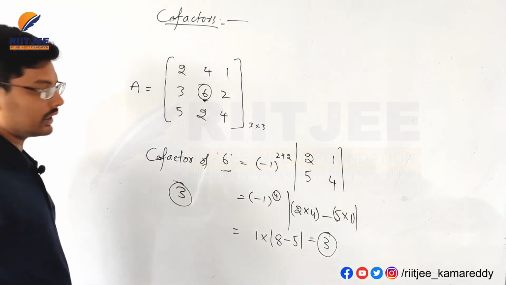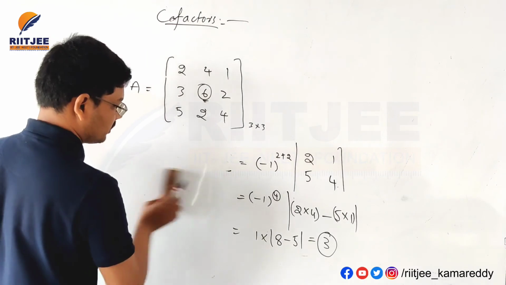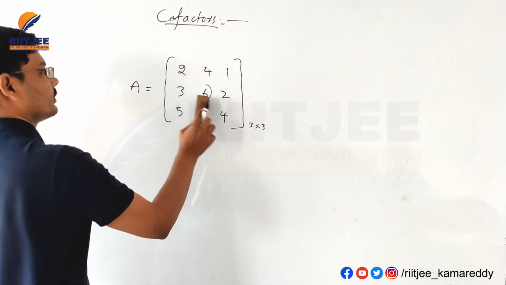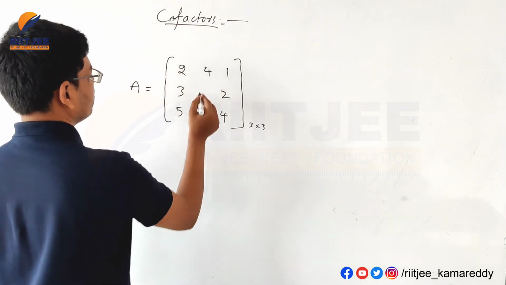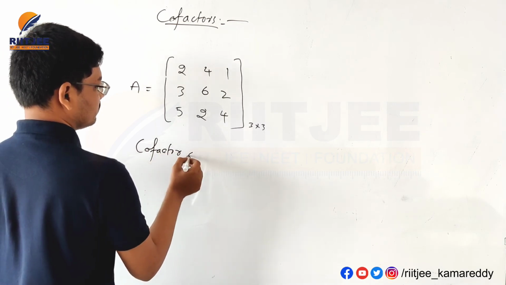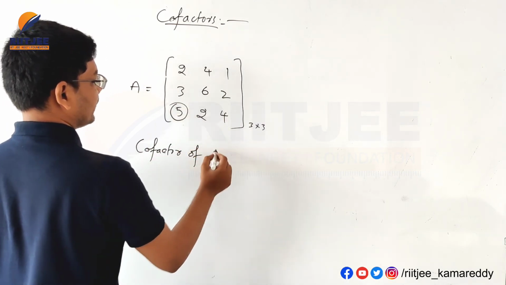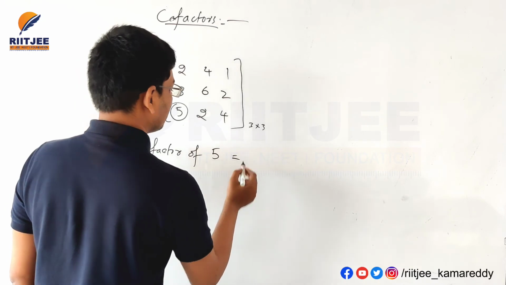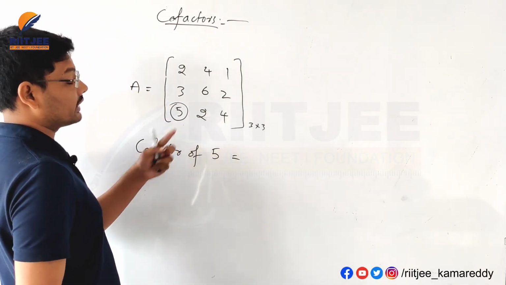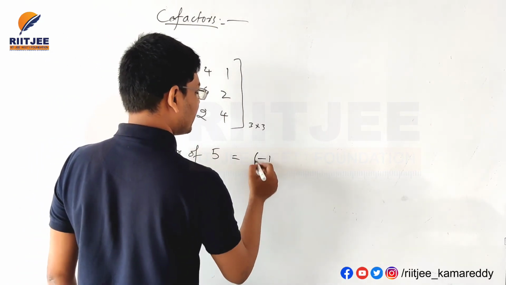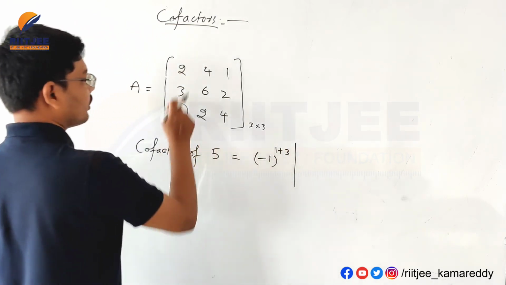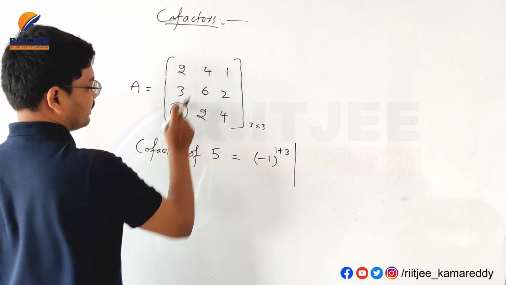Similarly, you can take one more example so that you can clarify easily. The cofactor of 5 I am taking here. This is the value of A31, A13. A13 is minus 1 whole to the power of 1 plus 3, and eliminate the row and column which has 5.